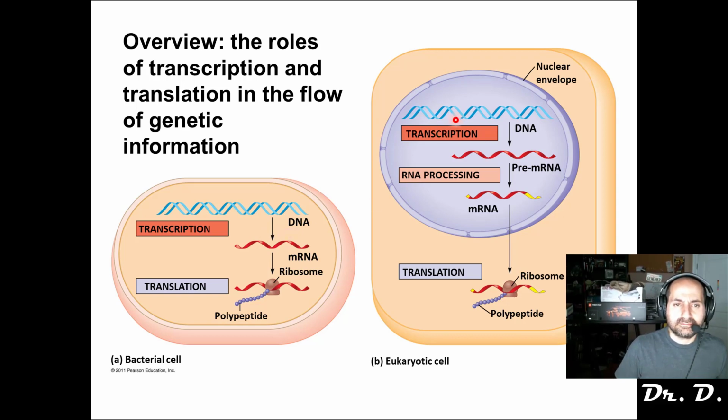Okay, now compare that to a eukaryotic cell, which has a nucleus. Remember, this purple structure is the nucleus. In a eukaryotic cell, you've got multiple chromosomes that are linear, like a human cell would have 46 chromosomes, and each chromosome has hundreds or thousands of genes on it. Okay, and a gene is just, like I said, the information for a particular protein.